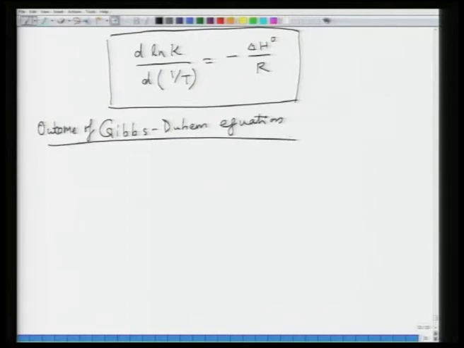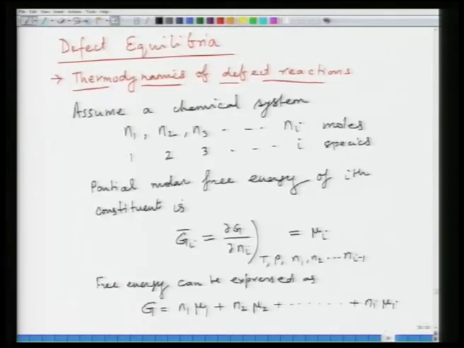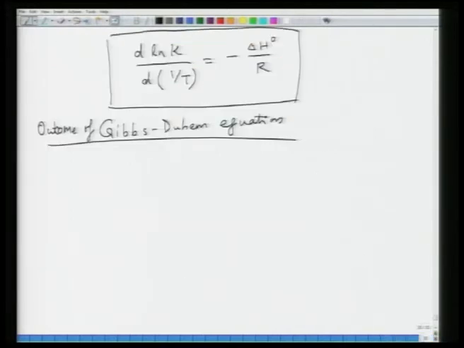And what was the Gibbs-Duhem equation? If you go to the previous slides, it's a fundamental thermodynamic relation where you relate the free energy to the concentration of species and the chemical potential.